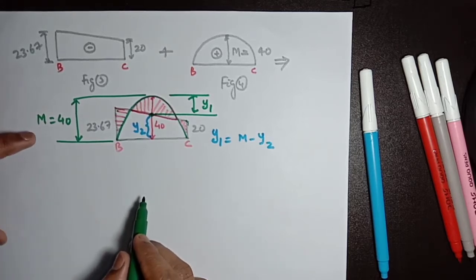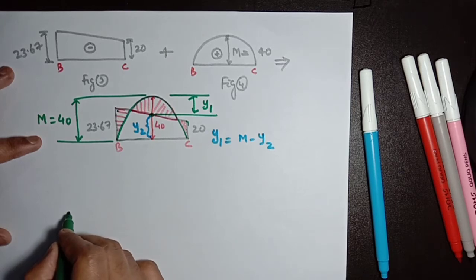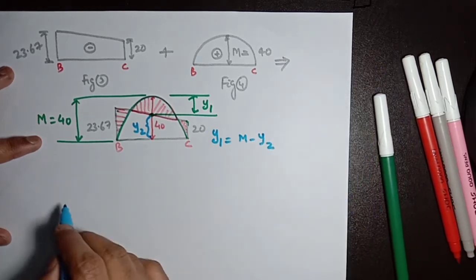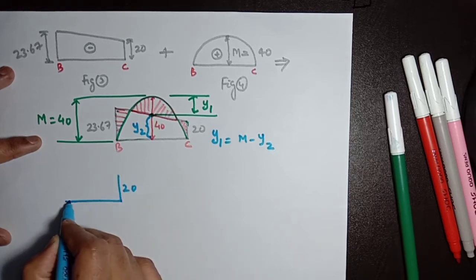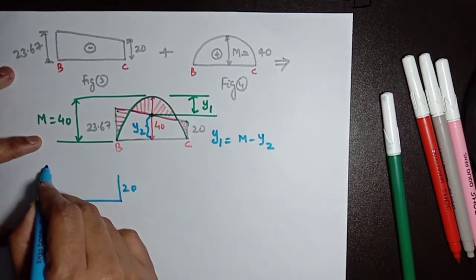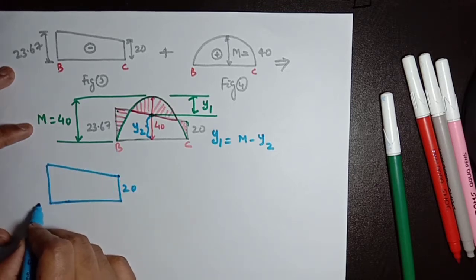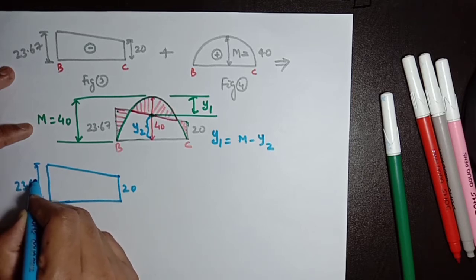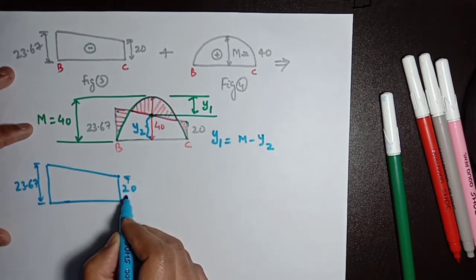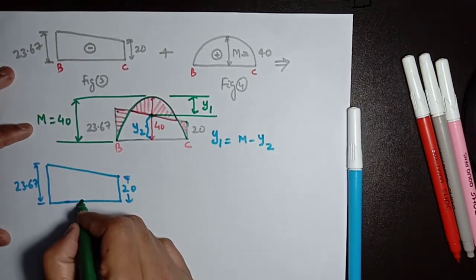Now we are taking the support moment profile here. This is the support moment profile. You can see here this is 20, and this is 23.67. This value is 20. At mid span, we need to find this value.